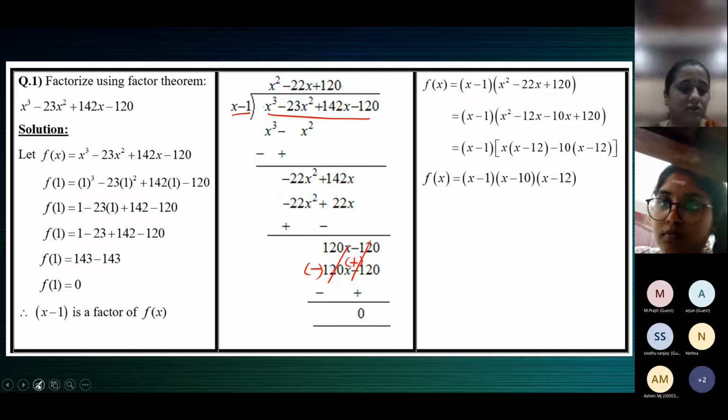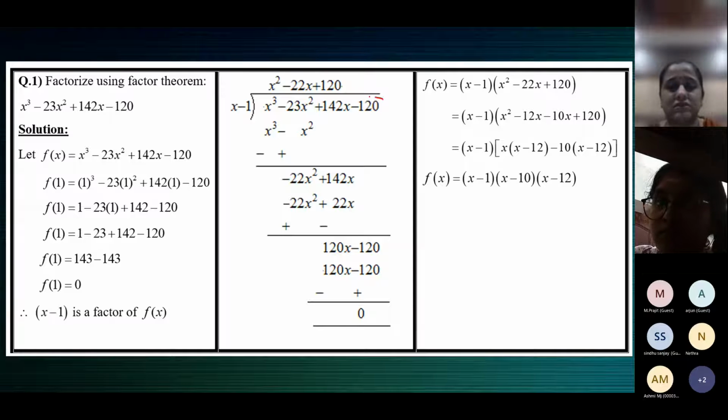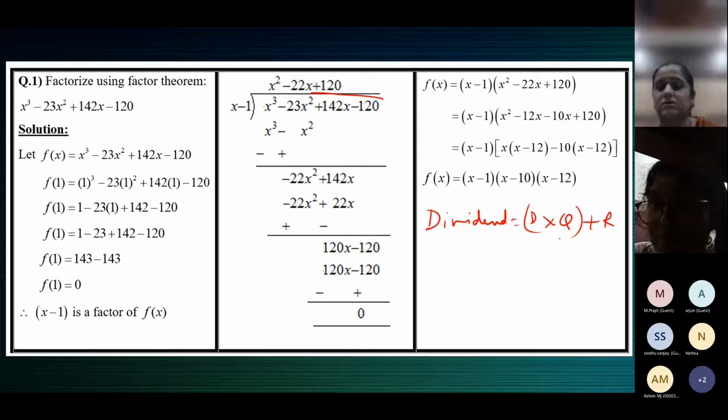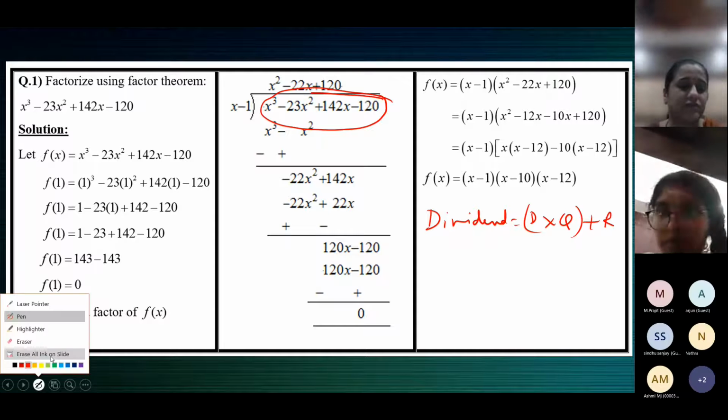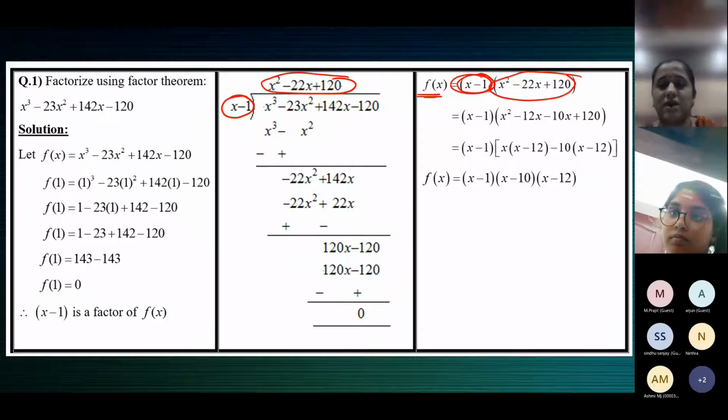Now use the division algorithm. By the division algorithm, the dividend is equal to divisor into quotient plus remainder. This cubic polynomial is the dividend, and we've called it f of x. So f of x is equal to divisor into quotient plus the remainder.